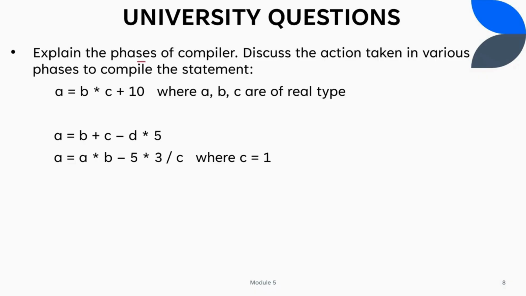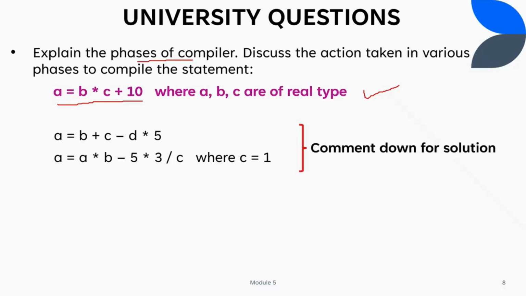In other words, you will have to first explain all the phases of compiler starting from lexical analysis till target code generation, and parallelly you should be explaining what will be the output for this instruction after every phase is completed. So I will be solving this now and the remaining two will be shared with you all once you comment down for solution.